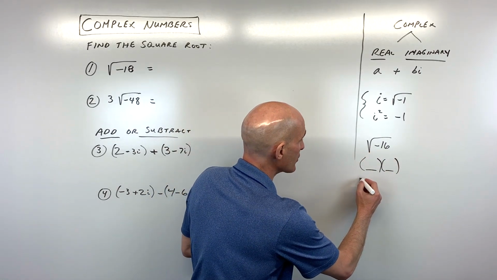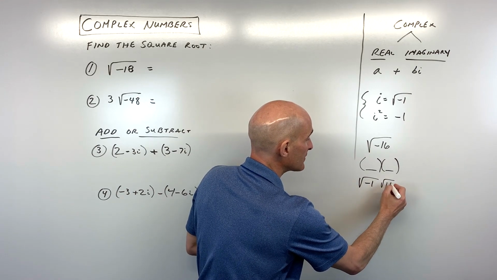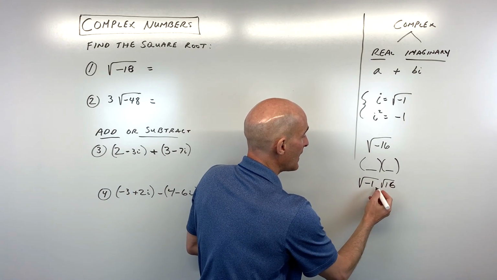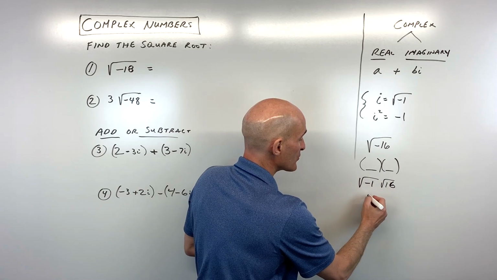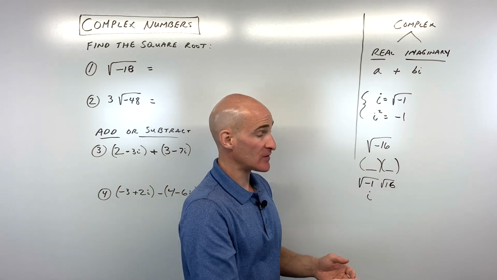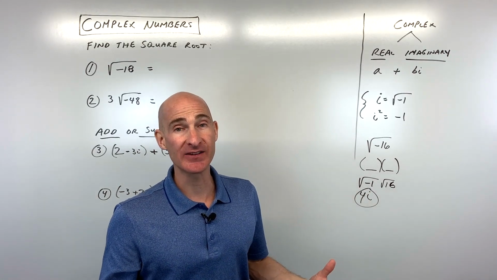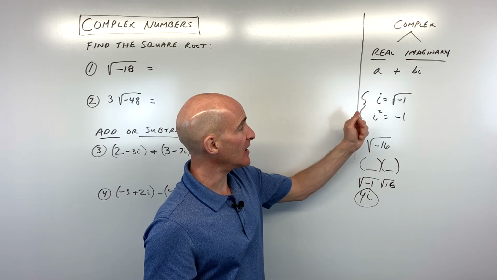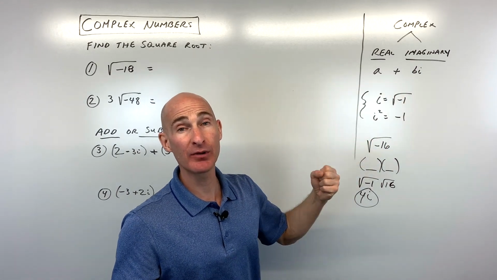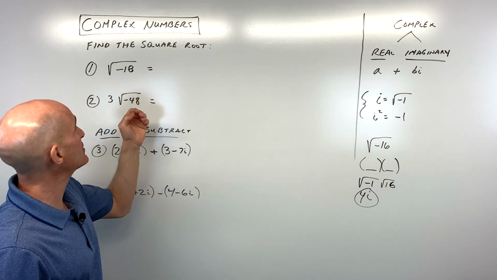So for example, here we could write this as the square root of -1 times the square root of 16. And the square root of -1 is represented by i, and the square root of 16 is represented by 4, because 4 times 4 is 16. So this works out to 4i, and you've got it. So that's where imaginary numbers come into play when you take the square root of a negative number. So let's dive into some examples, and you can see how this works out.